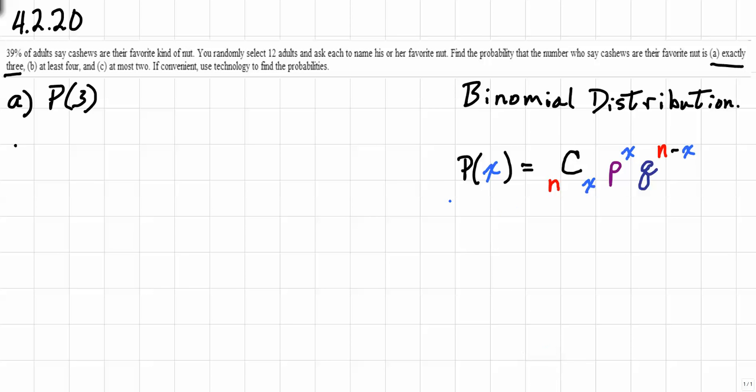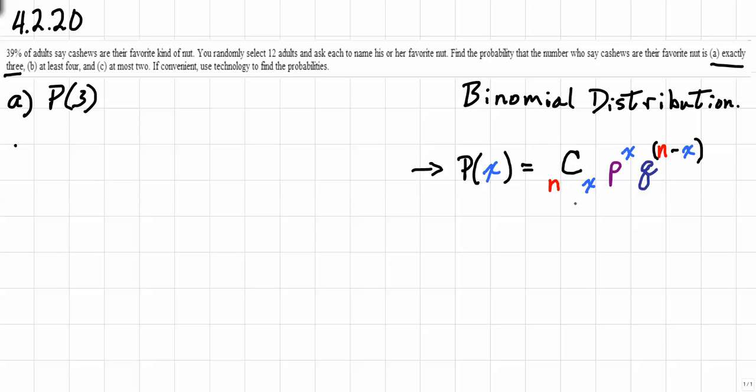I've written the formula right here, and this is P of X, and that's going to be equal to n items chosen x at a time times p raised to the x power times q raised to the n minus x power. Now let's understand what n, x, p, q, and c are going to be.